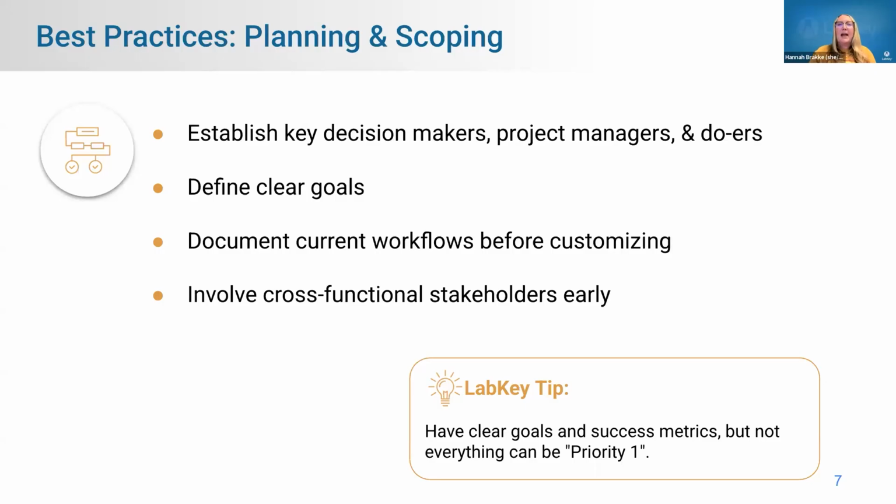So these little LabKey tips are things directly from our service team, crowdsourcing, asking what is the best advice that we can provide in this webinar. And one of our account managers answered, making sure that you have clear goals and success metrics, but also knowing that not everything can be the highest priority.